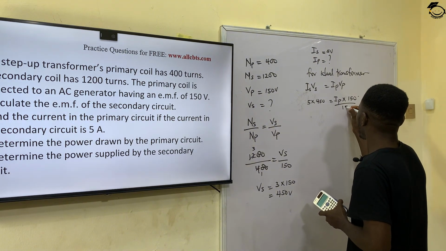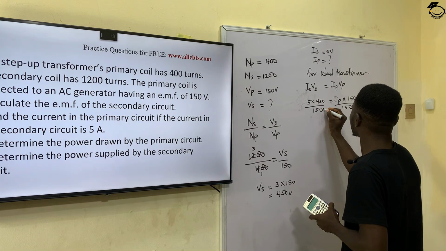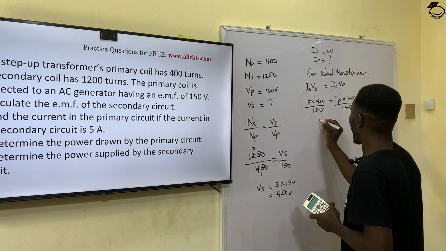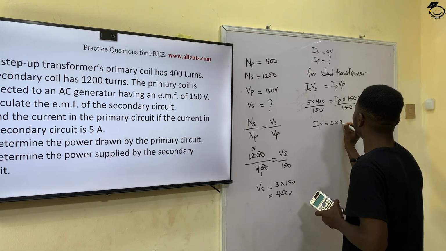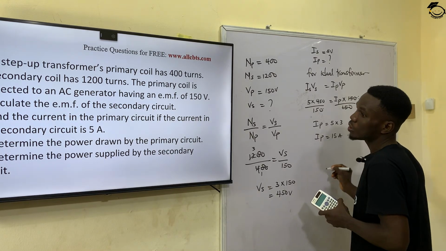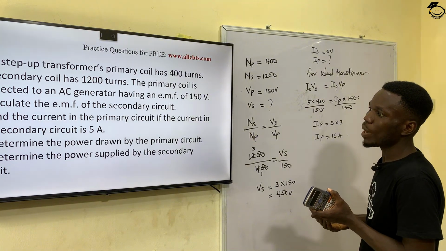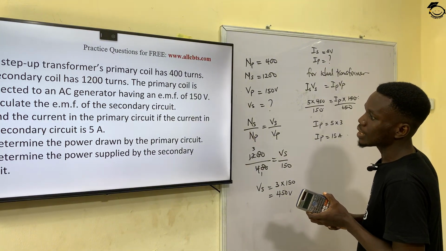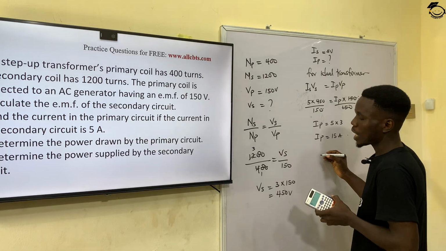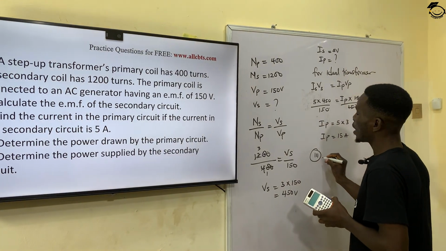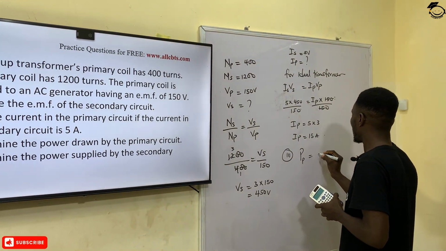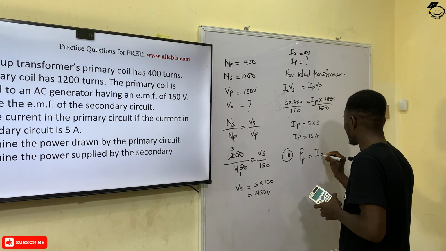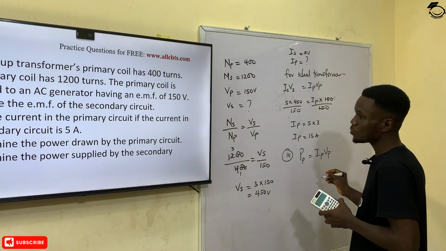So I'll divide both sides by 150. This means that my IP is equal to 5 times 3, which means my IP is 15 amperes. The third part of the question says we should calculate the power drawn by the primary circuit. Roman figure 3, the power in the primary is IP VP, because power is equal to IV.